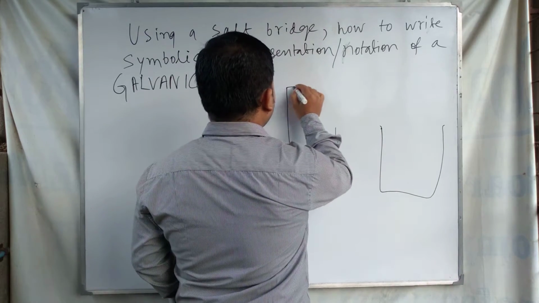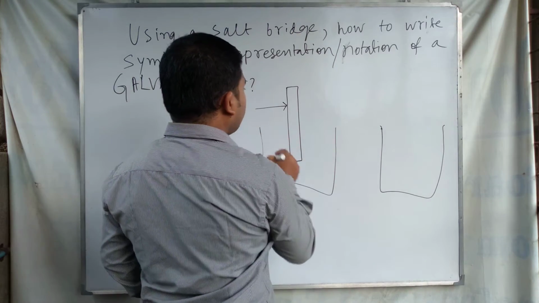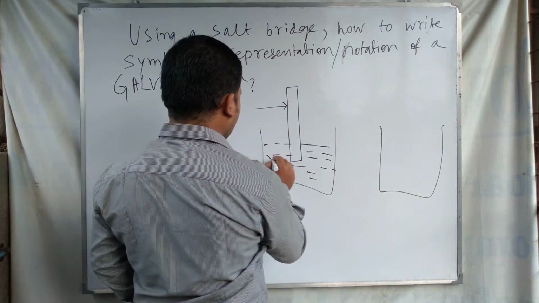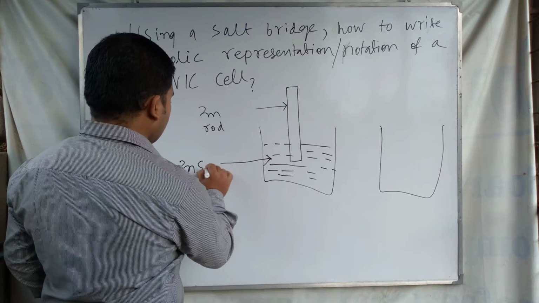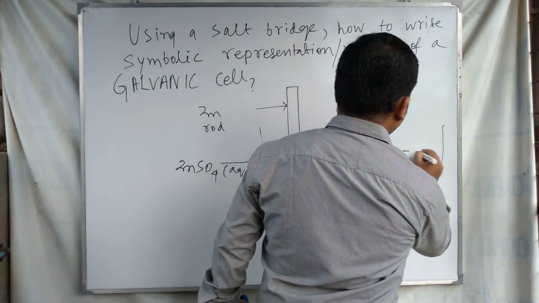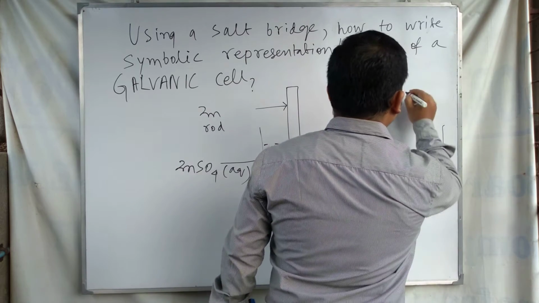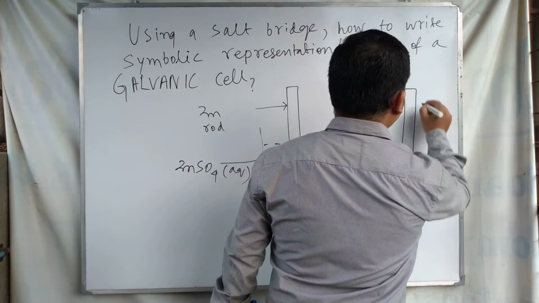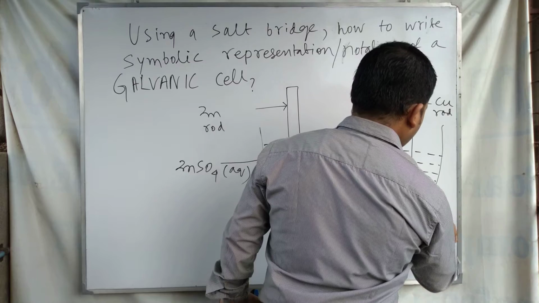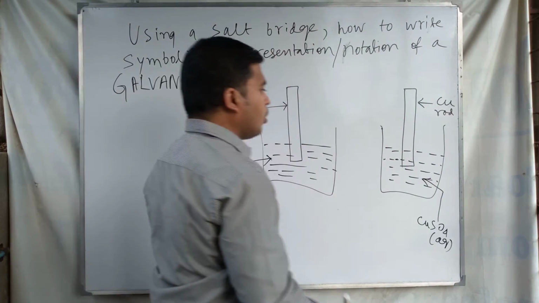Here a zinc rod, Zn rod, is dipped into zinc sulfate aqueous solution, and suppose here we take a copper rod or copper metal strip, Cu rod, in copper sulfate aqueous solution.